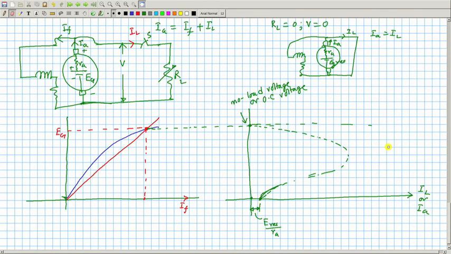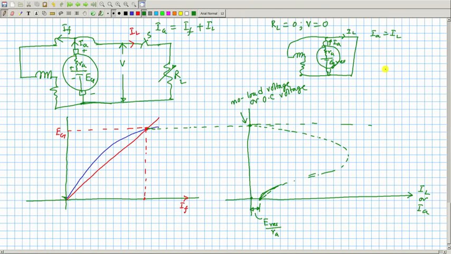See, it can be done in several ways. You first tell that, okay, I will pass some armature current. Listen carefully. For some certain armature current, I want to see what is going to happen.